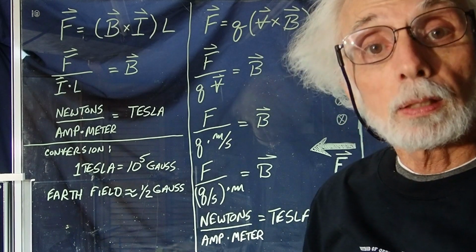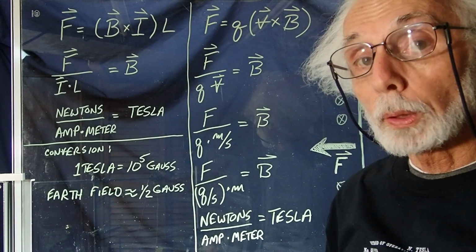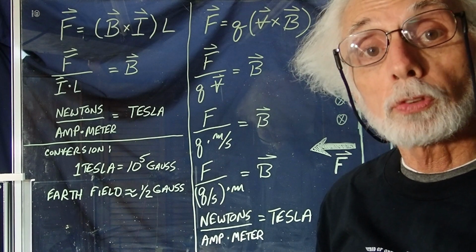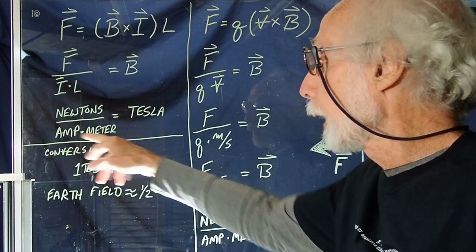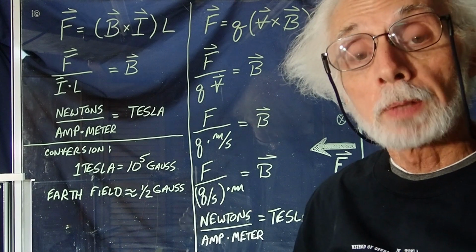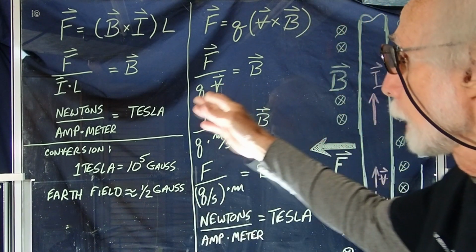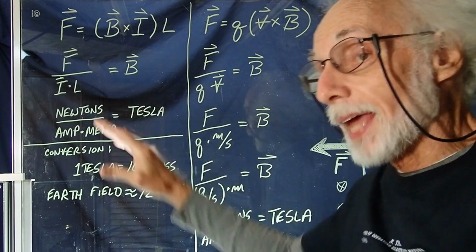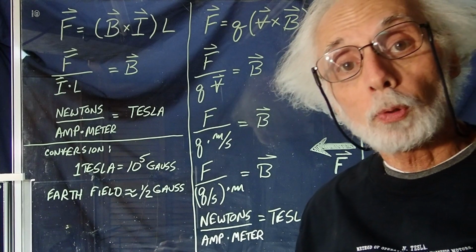Now, as with any of these derived physics units, if we're going to use them frequently, we'd like to get something a little easier to talk about. So we are going to define a newton per amp meter as a Tesla, named after the electrical engineer and scientist Nikola Tesla. And so now we've got that operational definition. What is the operation?